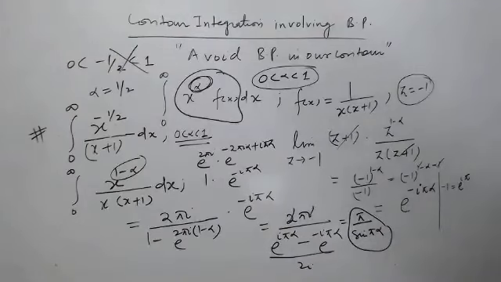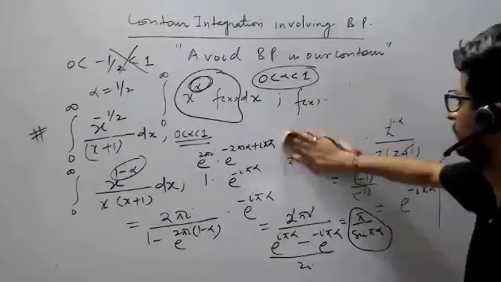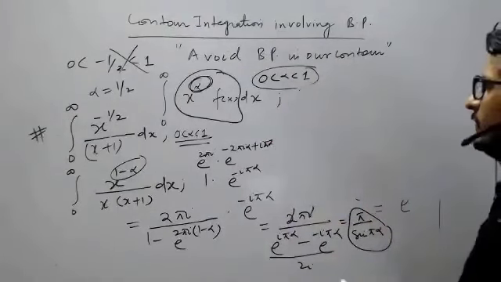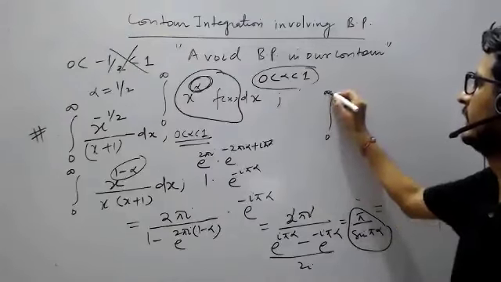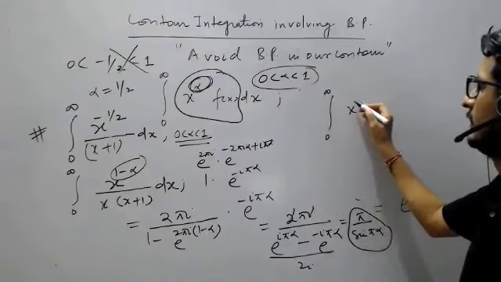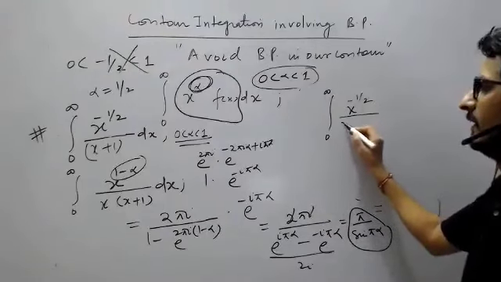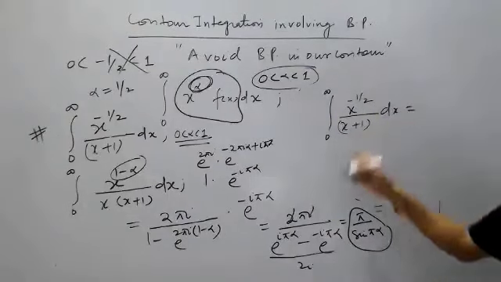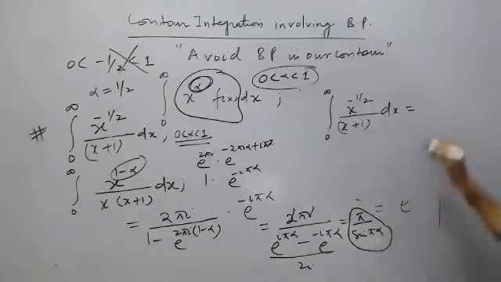So see, suppose our question was like this: integral from 0 to infinity of x to the power minus half over x plus 1 dx. So what was the answer? Alpha is half, and pi is the answer. So how compact it is. Can you see that?